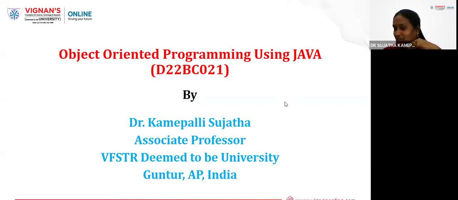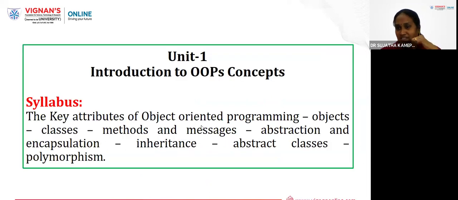Again, nice to see you all for one semester again. In this semester, I'm going to deal with object-oriented programming using Java. This is the first module. In the first module, we are going to discuss the basic concepts, that is, what are the key attributes of object-oriented programming: object, class, method, abstraction, encapsulation, inheritance, polymorphism.